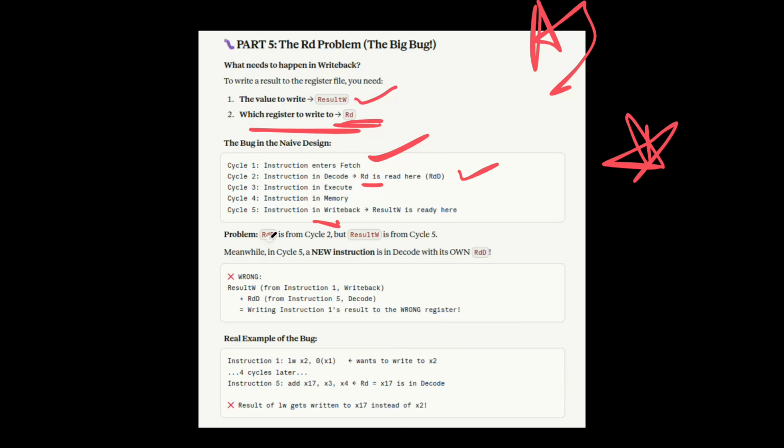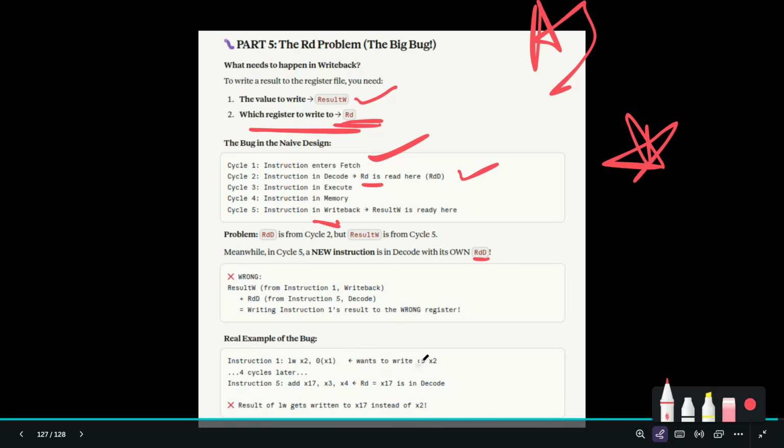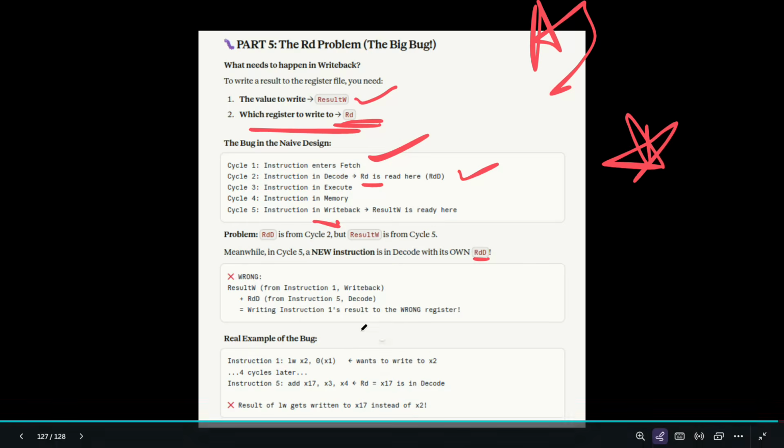Now RD is from cycle 2 and ResultW is from cycle 5. Meanwhile in cycle 5 a new instruction is in decode with its own RD. They are both from 2 different cycles, right? If you see here, instruction 1 wants to write the value to x2.